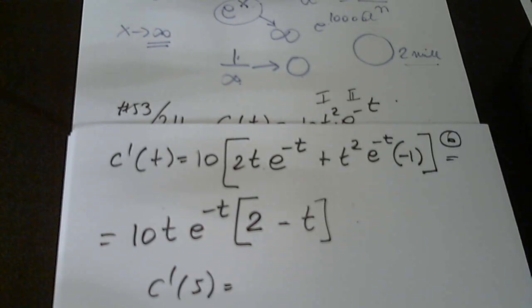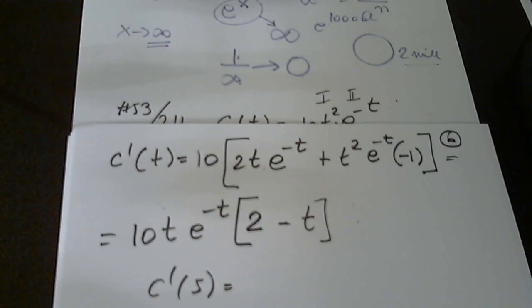I will put it in as the second function, as 10t e to negative t, and then open parentheses 2 minus t, and close. So now I already have it plugged in. I already have the 5.